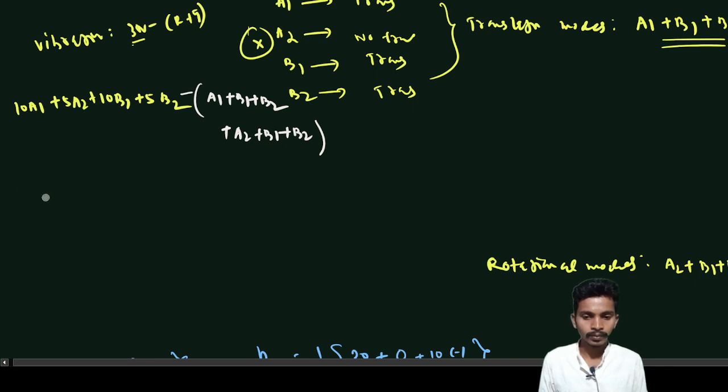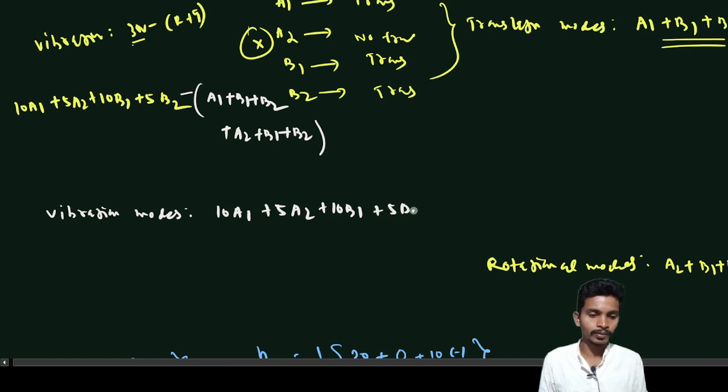Okay, so 10A1. So the vibrational modes are 10A1 plus 5A2, these are the totals, plus 10B1 plus 5B2, and this is also not important now.